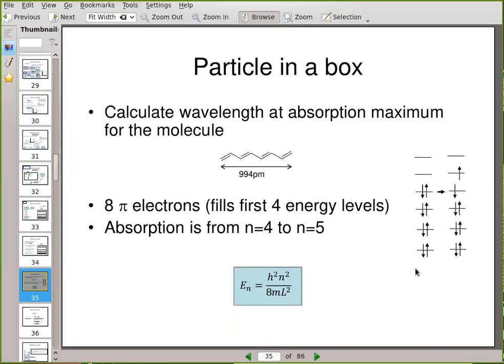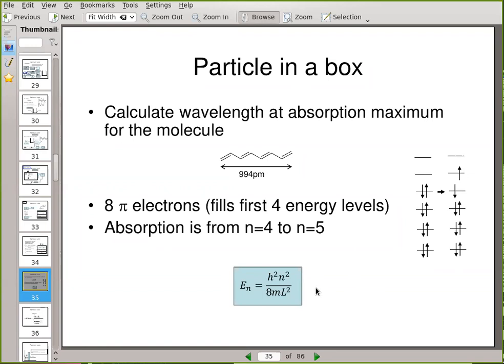If you shine light from the UV-vis spectrum at it, the maximum absorption by the molecule is going to be associated with a photon kicking an electron from the highest occupied molecular orbital to the lowest unoccupied molecular orbital. So light coming in is going to push an electron from energy level 4 to energy level number 5. But do we know in a box what the values for those energy levels are?